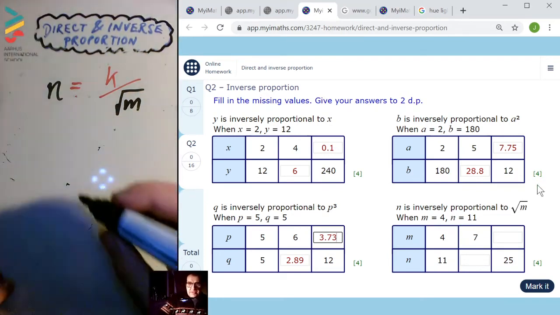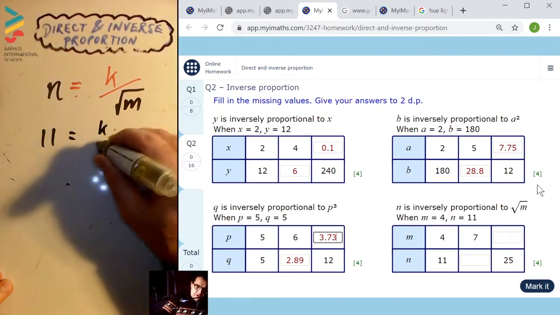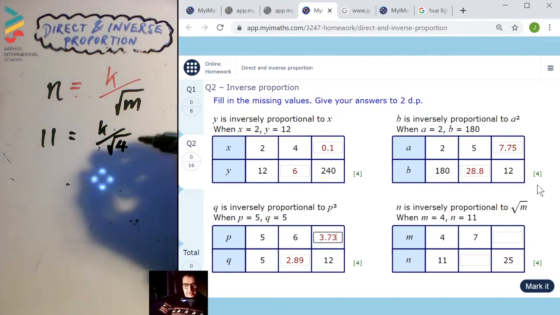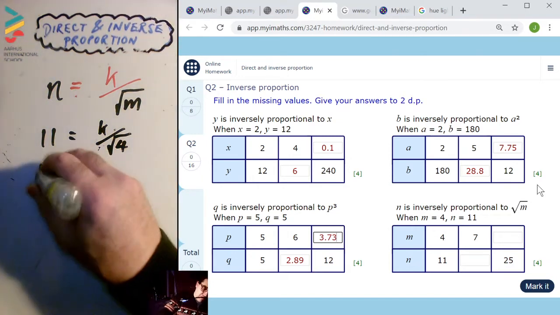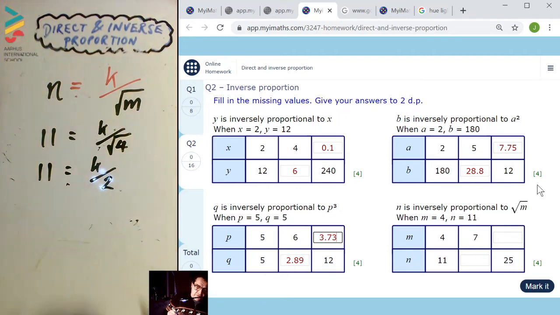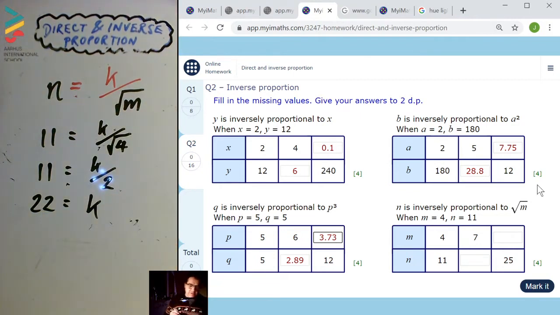So we'll stick those numbers in here. So we've got n equal to 11 equals k over square root of 4. And of course this question's been constructed so that it's quite nice. The square root of 4 is a nice round number, it's just 2. So 11 equals k over 2. Multiply both sides by 2 and you get 22 is equal to k.